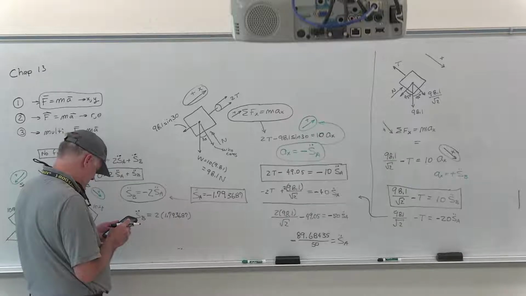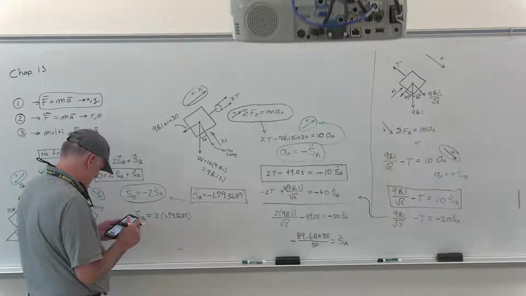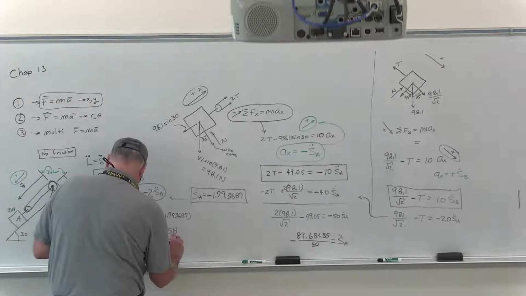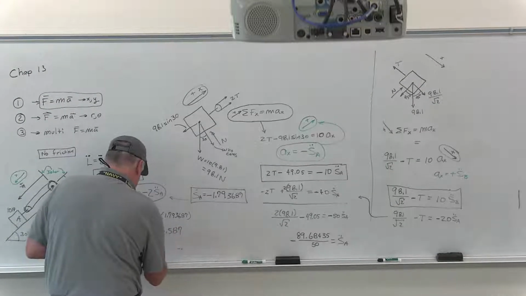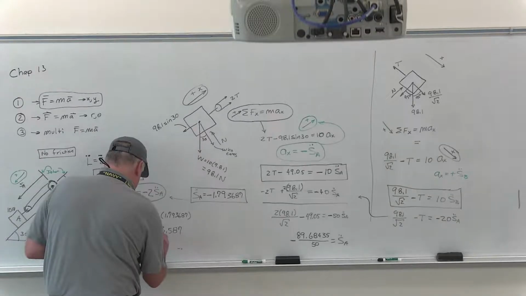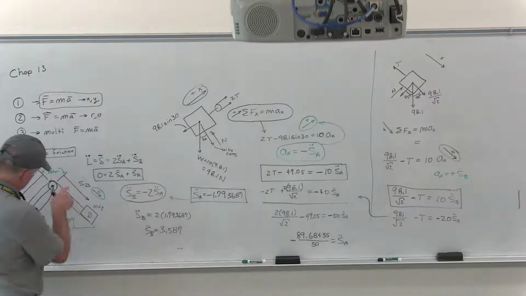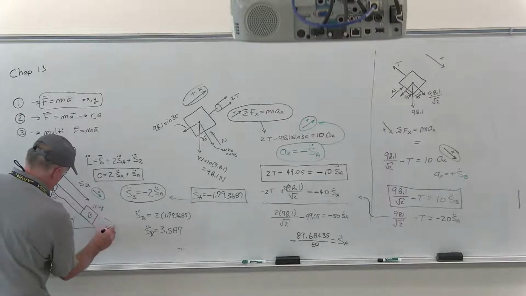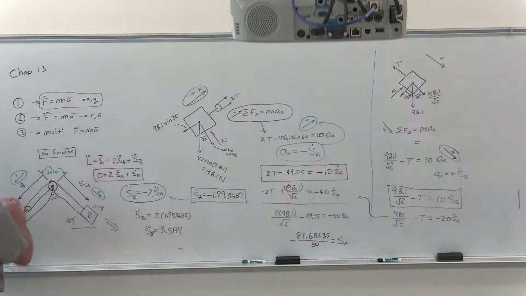That's weird. Okay. 3.587. So SB double dot is positive going that way.